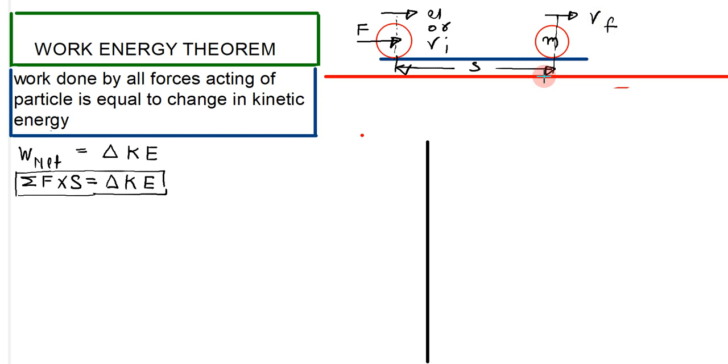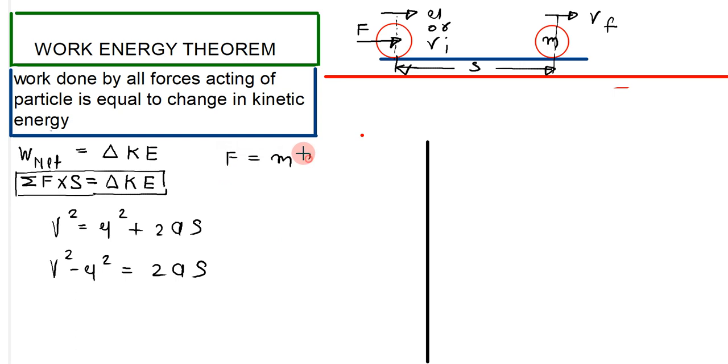Now if we take the popular kinematical equation, v square is equal to u square plus 2as, you know this equation. So v square minus u square is nothing but 2as. But remember, as this body accelerates, there is a change in velocity. According to Newton's second law of motion, force is equal to ma, so a is force by mass.